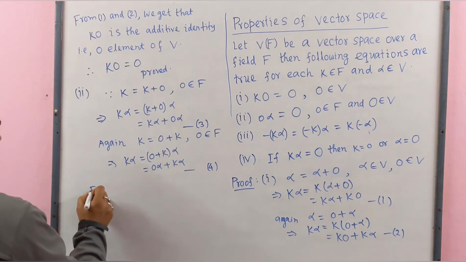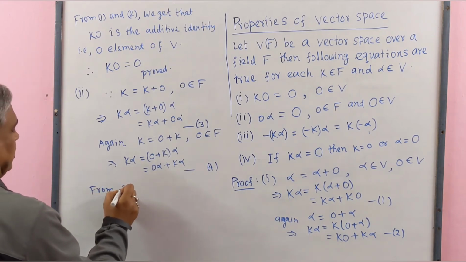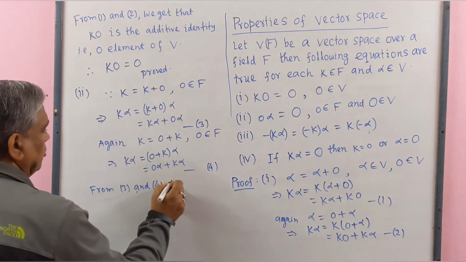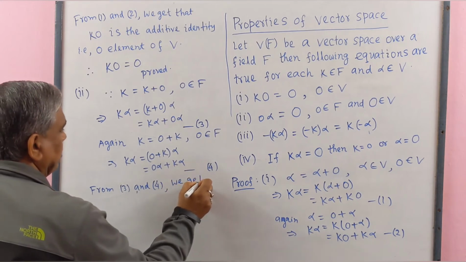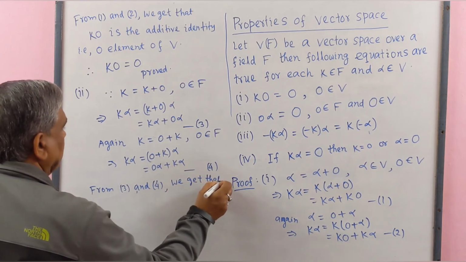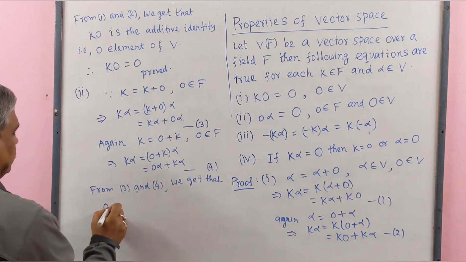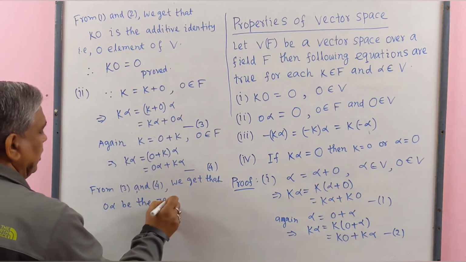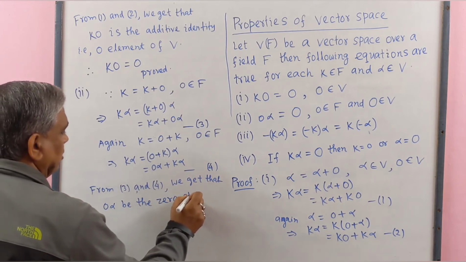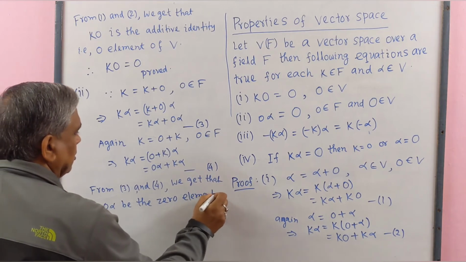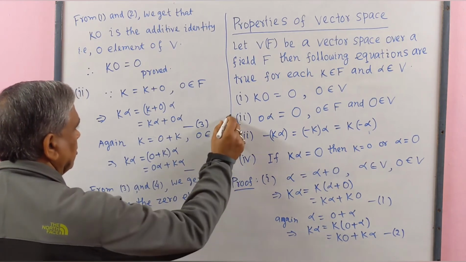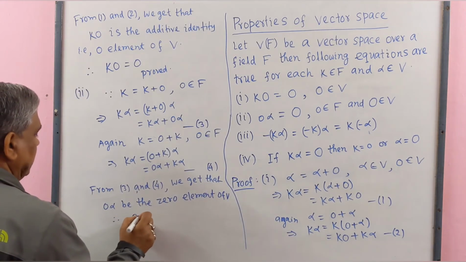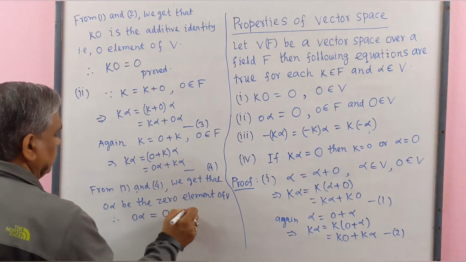From 3 and 4, we get that 0 alpha is the 0 element of V. Therefore, 0 alpha equals 0.